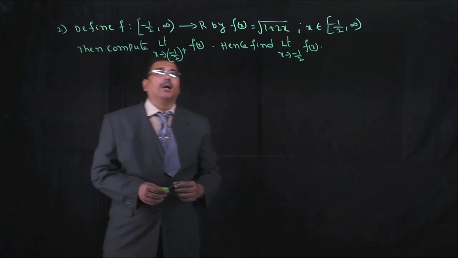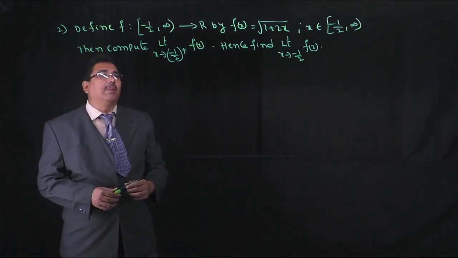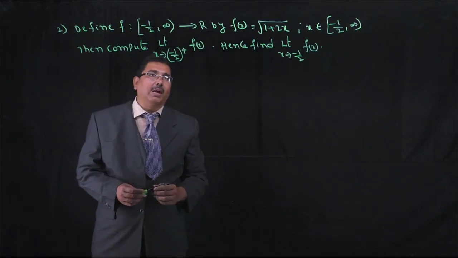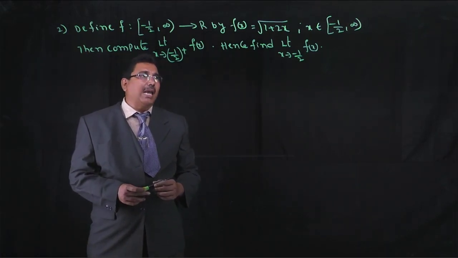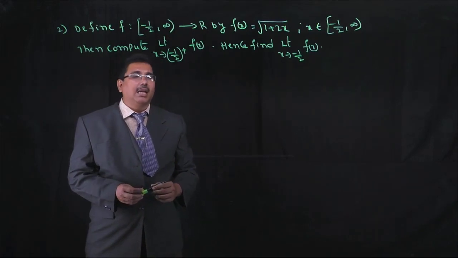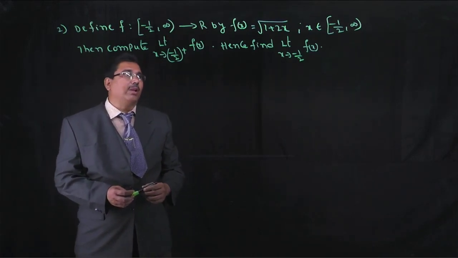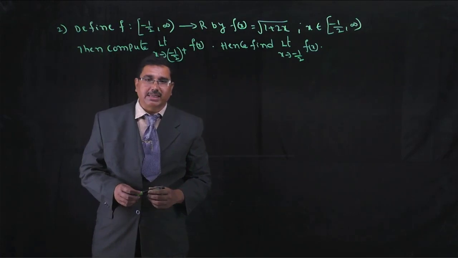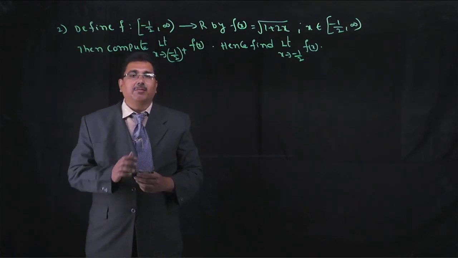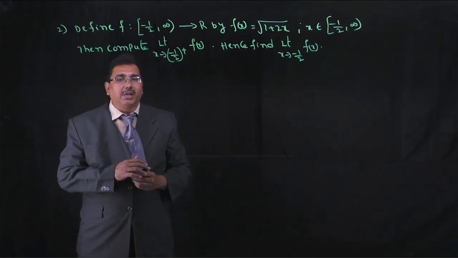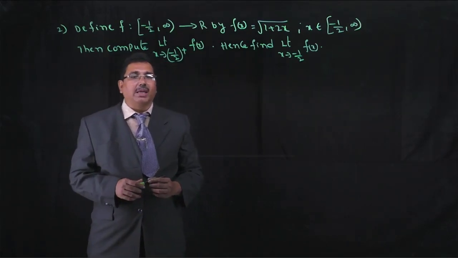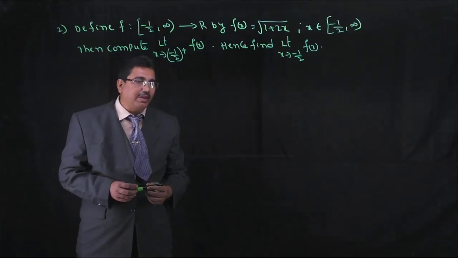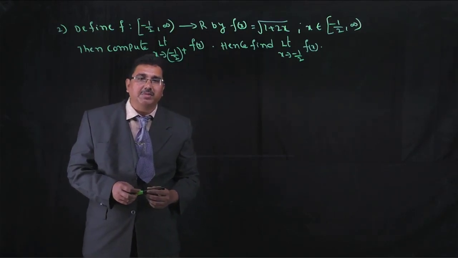Then compute the right hand limit at x is equal to minus 1 by 2 of f of x. Hence find limit x tending to minus 1 by 2 of f of x. See the problem very carefully. This is different from previous problems.